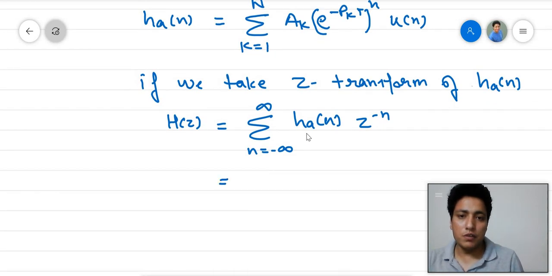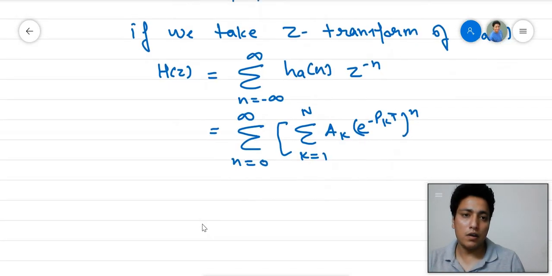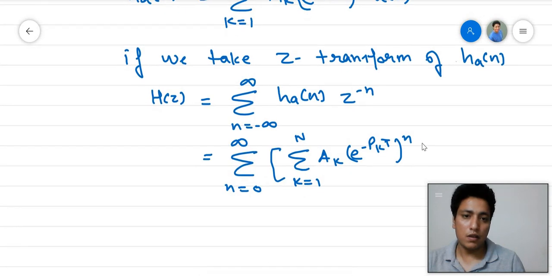If you substitute the value, we can clearly find that u(n) will make this bilateral sequence into a unilateral sequence, starting from n equals 0 to infinity.